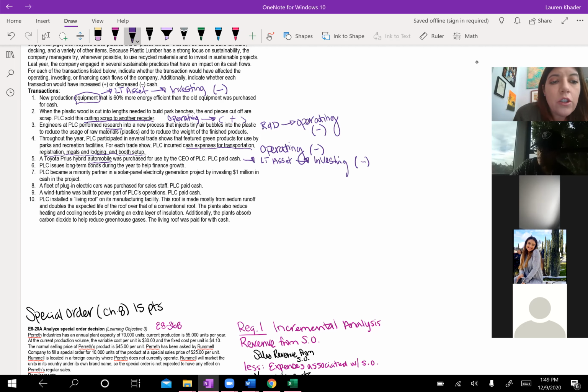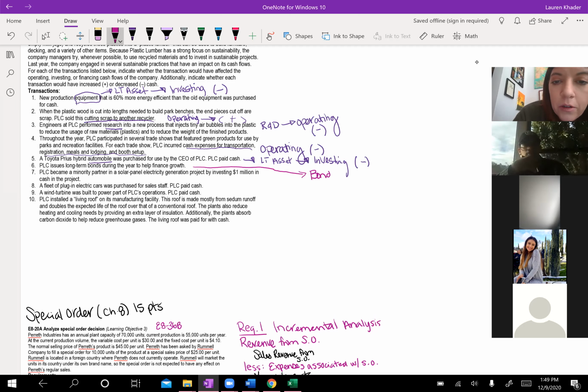PLC issues long-term bonds during the year to help finance growth. Investing? It's not investing because that has to do with long-term assets. This has to do with a long-term liability because this is bonds payable. So it's a financing activity.